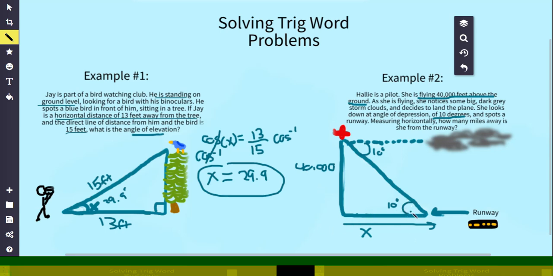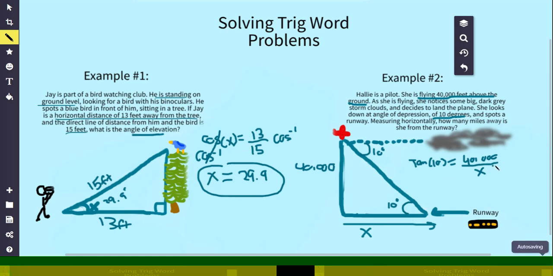Okay, so now we can use the tangent of our angle 10 degrees because it's opposite over adjacent. So tangent of 10 degrees equals our opposite side, which is 40,000 feet, over our side x, which is what we're trying to find.